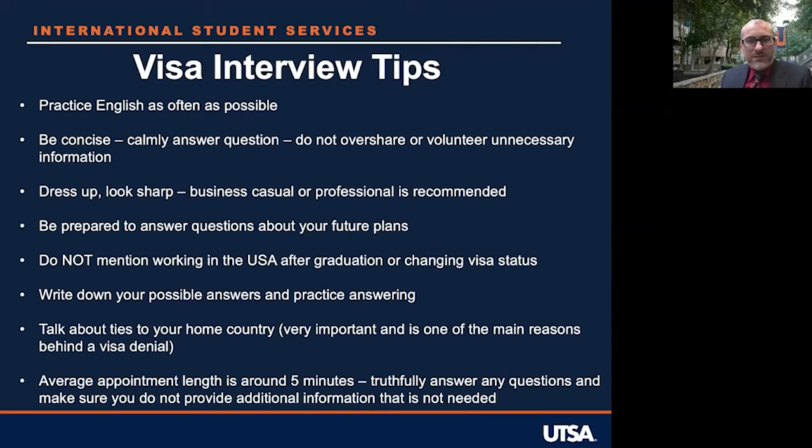And again, the typical visa interview length is less than 5 minutes. So just answer those questions, don't overshare, and you should be fine. And we will always help you as well. If you have any questions before the visa interview or you want to have some additional information, our office is happy to answer those questions as well.